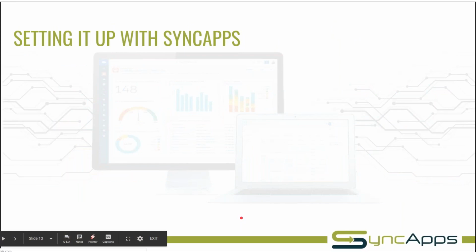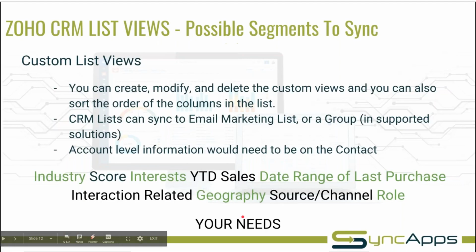Just before we go into setting up, I did want to say that a lot of this stuff is not meant to be a one-time deal. You may find that in time people change, they would move from one list to another. If they're in a list view because their criteria is we are a current customer now, but they become a past customer because they haven't bought something for a certain period of time, they're going to fall out of that list.